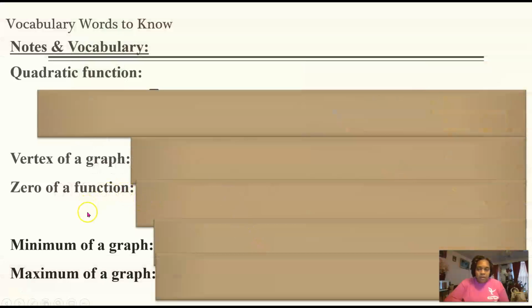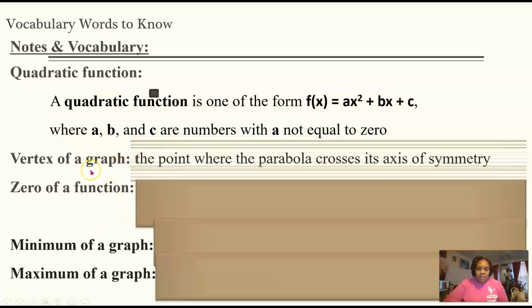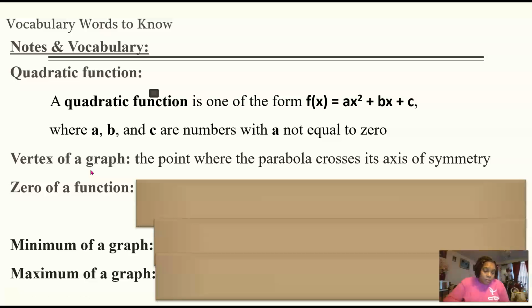What is a quadratic function? A quadratic function is one of the form f(x) = ax² + bx + c, where a, b, and c are numbers and they're not zero. They can be positive or negative numbers, but they're not equal to zero. And C, as you can imagine, is probably your starting point of this equation.